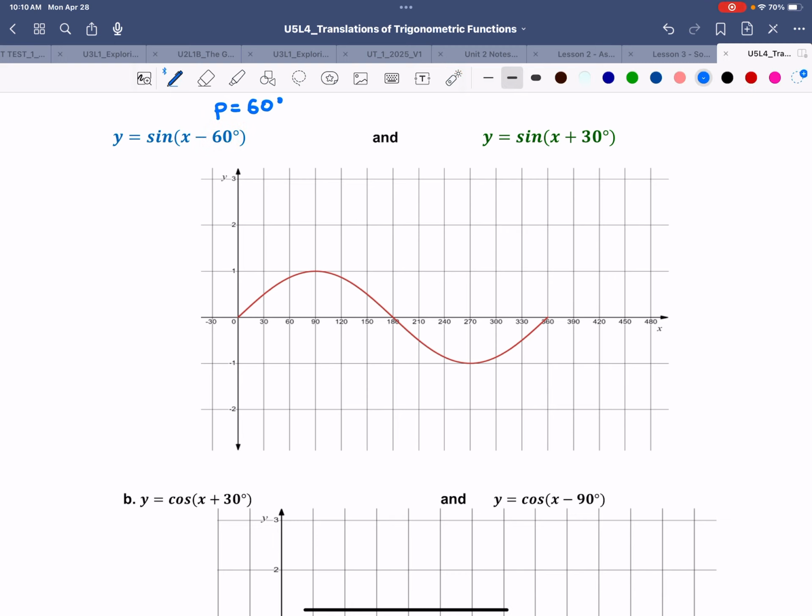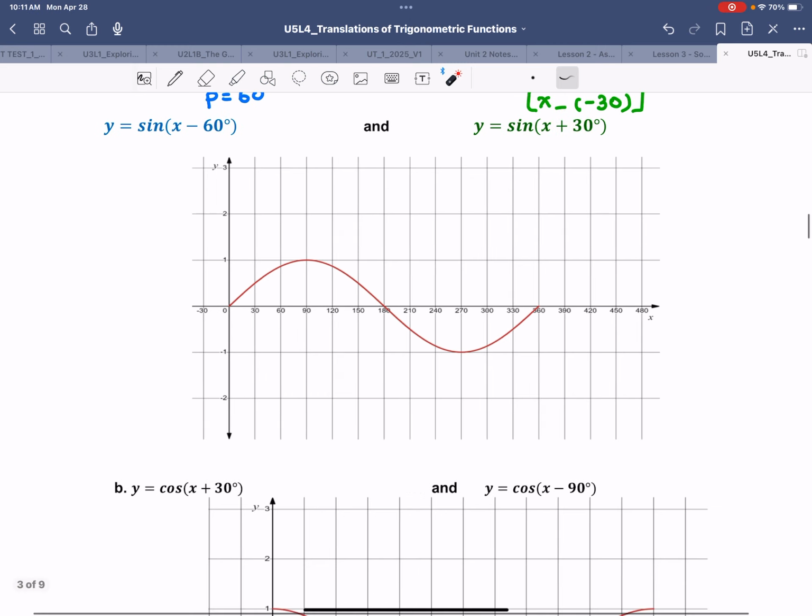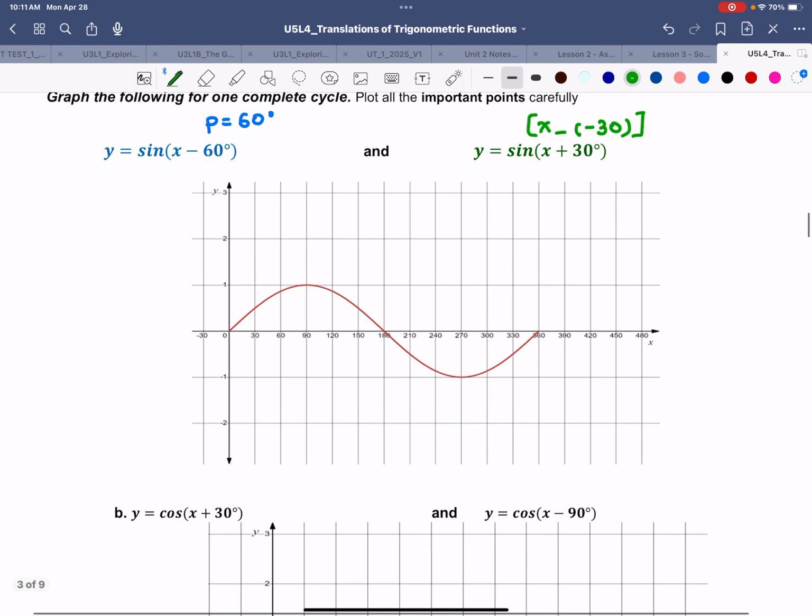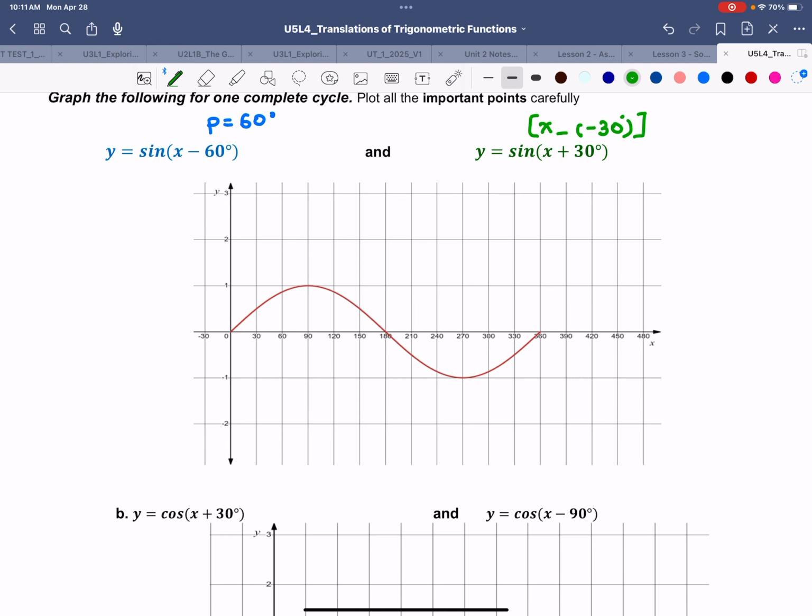And if we're subtracting a negative number from x, which appears in the equation as a positive sign because of the two minuses that turn into a plus, then we'll say that the horizontal translation has happened in the negative direction, and the value of p is negative 30 degrees.